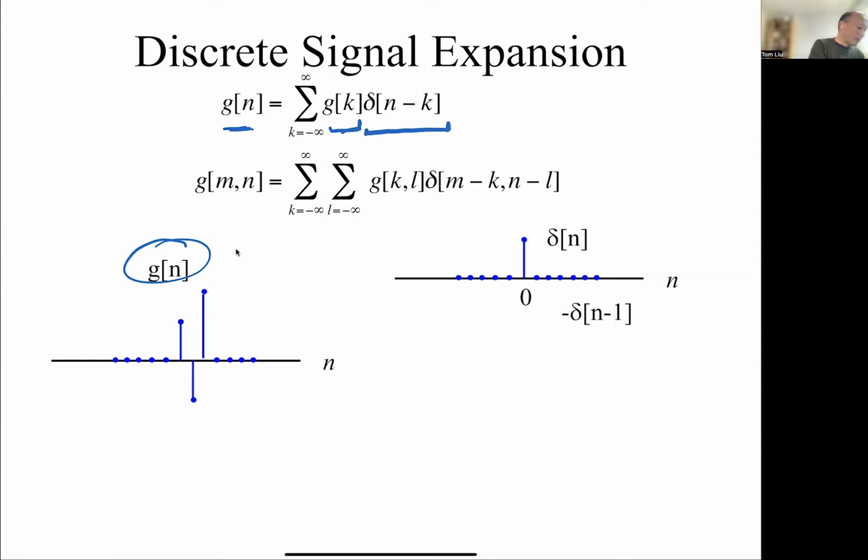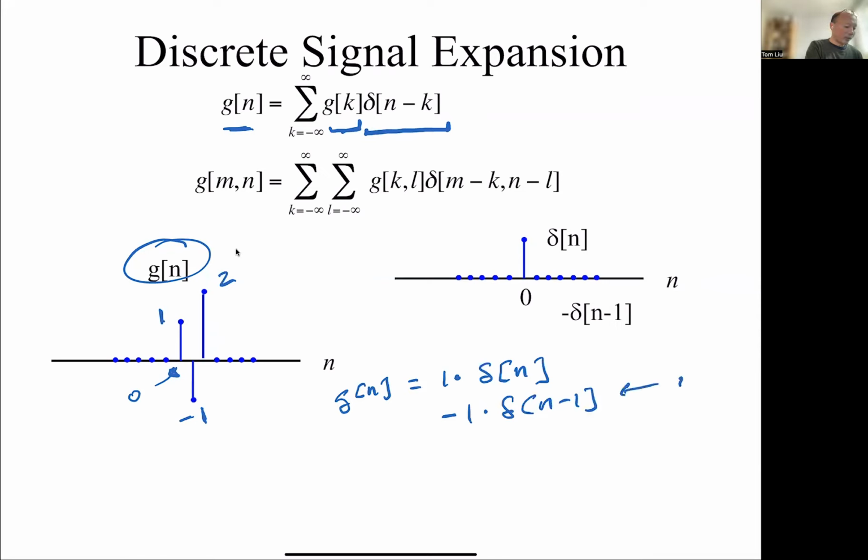Let's say I didn't indicate where 0 was. Let's say this is the 0 point, and this has values 1, 2, and minus 1. So in this case, I could write g of n. There's a delta function at the origin, so that's 1 times delta of n. And then it goes minus 1 at n minus 1, so this has value when n equals 1.